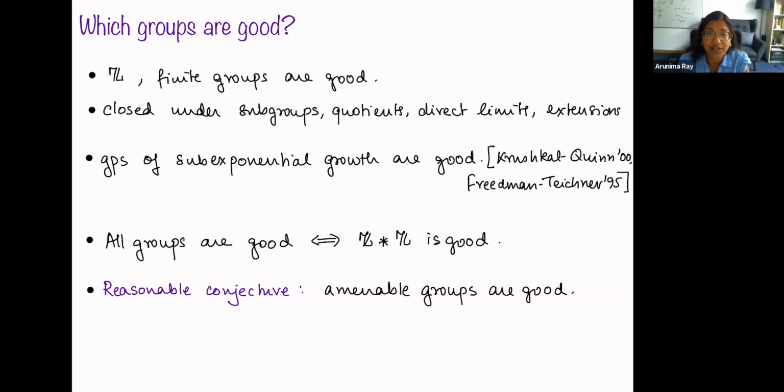And a reasonable conjecture, one that's plausible to be within reach, is whether amenable groups are good. But not all groups are known to be good. Many are, but not all.